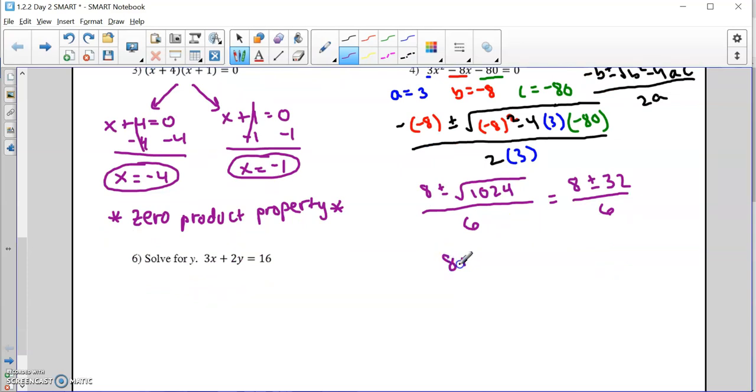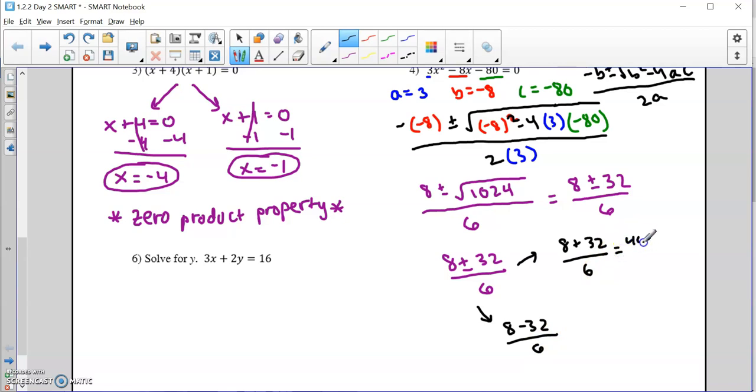So this is where we will go ahead and break it up into 2 pieces. All right, the plus answer and the minus answer. So this one is going to give us 40 over 6.